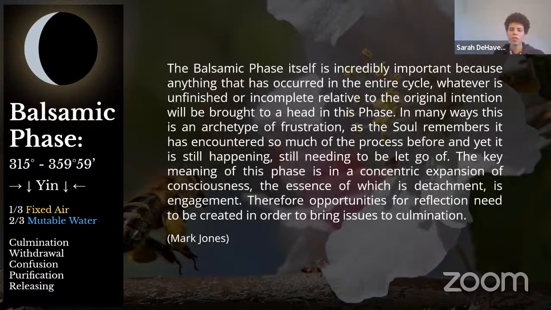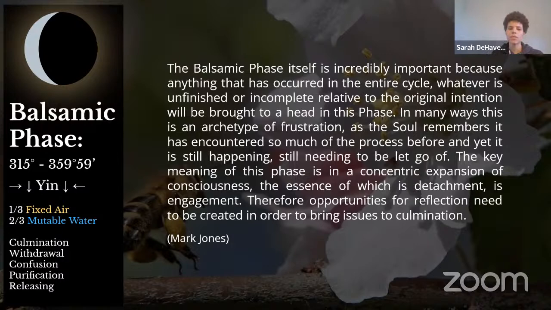The balsamic phase, this is Mark Jones, the balsamic phase itself is incredibly important because anything that has occurred in the entire cycle, whatever is unfinished or incomplete relative to the original intention, that's the point of the conjunction, the original conjunction, just to be clear, will be brought to a head in this phase.